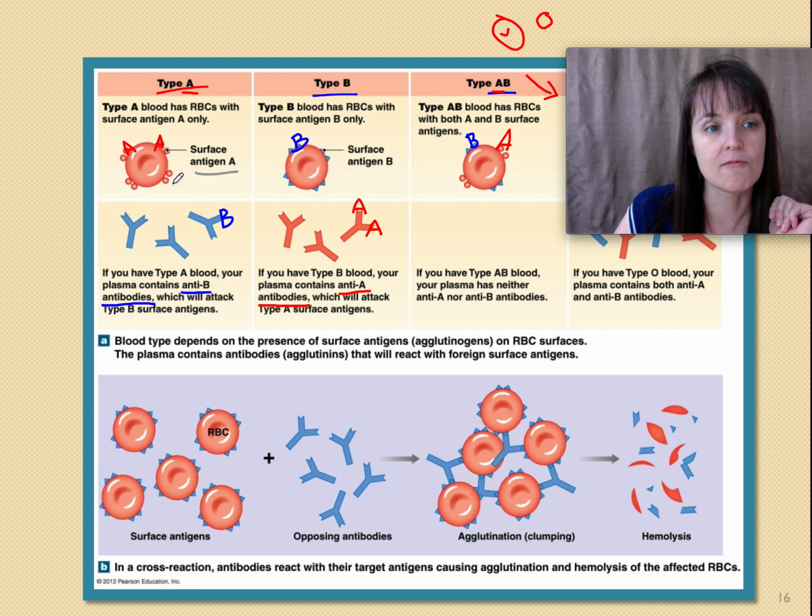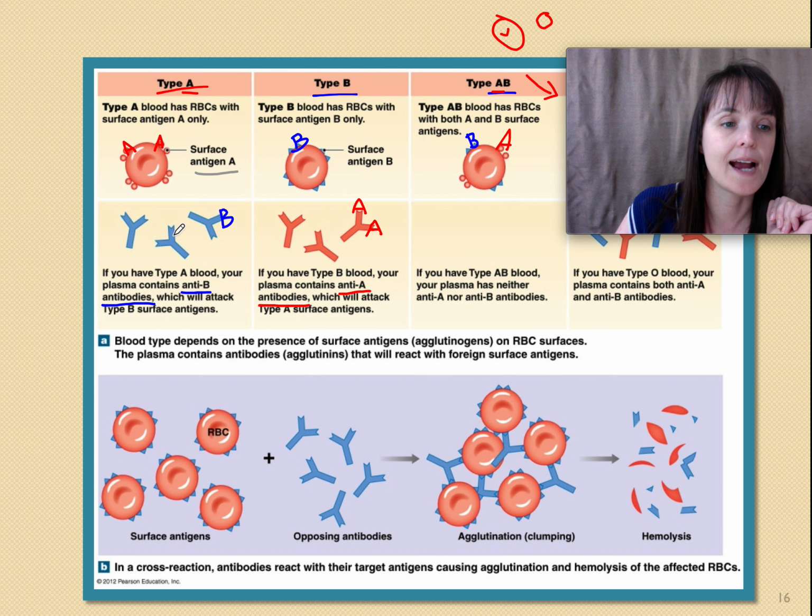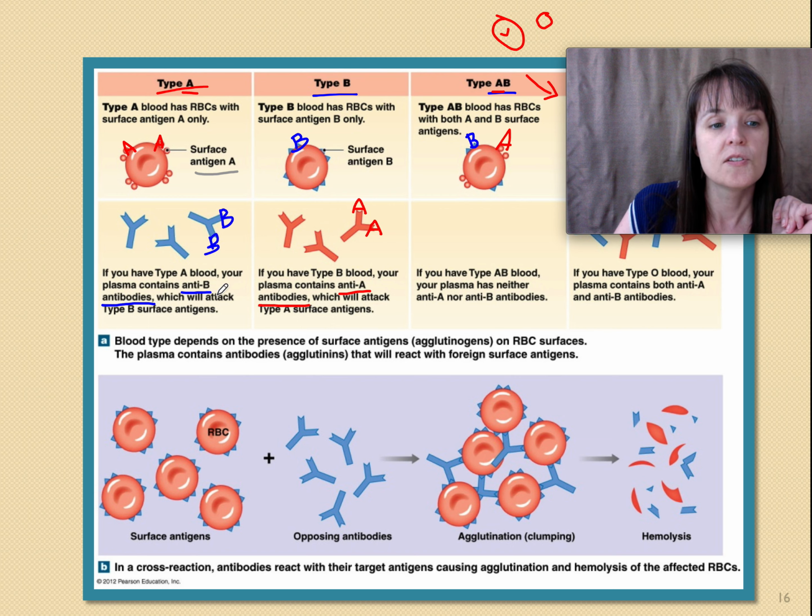Surface antigen A is represented as round, and the anti-A antibodies as round. The surface antigen B is represented as triangular, and attacking it are the anti-B antibodies. So the anti-B antibodies only attack the B surface antigen.